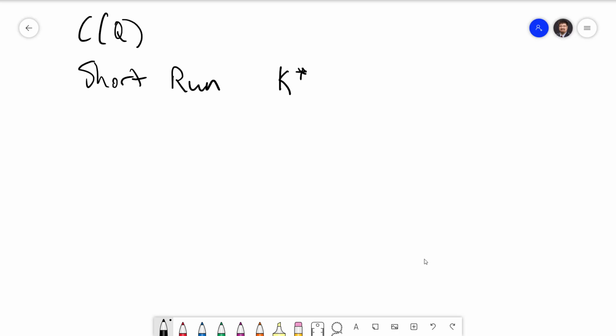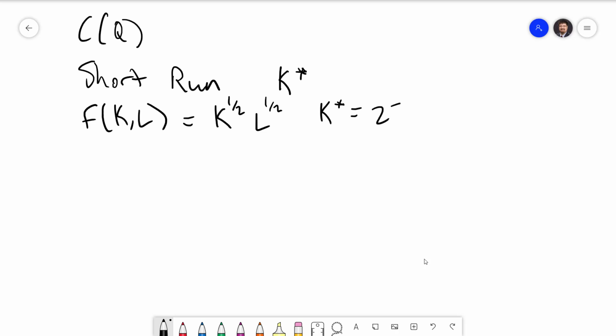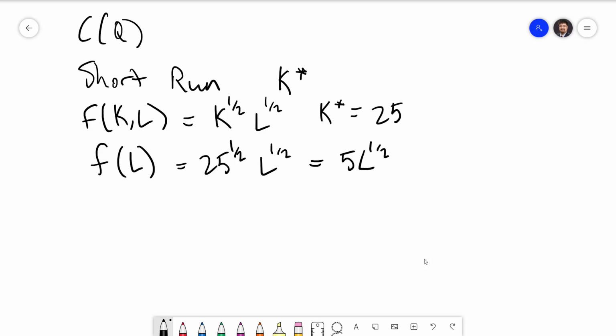To illustrate this, we are going to return to our example Cobb-Douglas production function, which was K to the 1/2, L to the 1/2. We will assume that in the short run, our capital is fixed at 25. To get our short run production function, which is just f of L because K is already chosen for us, we're going to plug in 25, simplify that down to 5L to the 1/2.